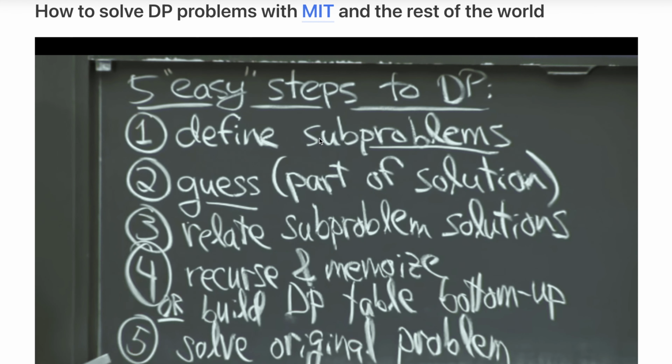And currently, this is how MIT is teaching the world to solve DP with 5 steps. Step 1, define subproblems. Step 2, guess part of the solution. Step 3, relate subproblem solutions. Step 4, recurse and memoize, or build a DP table bottom up. Step 5, solve the original problem.